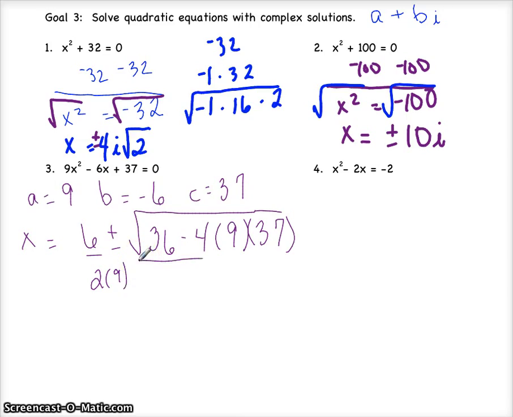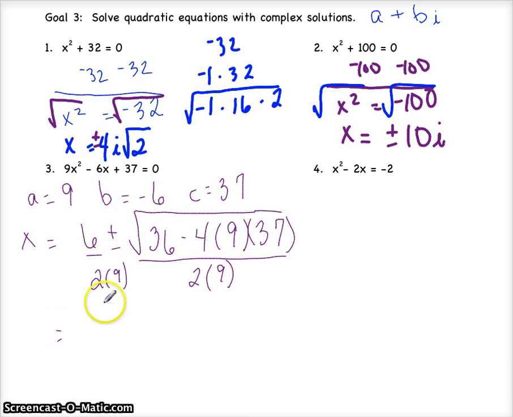And notice I'm splitting this into two fractions. I believe somebody in your class taught me to do that. This helps us keep from butchering later on. So let's double check. Opposite of b plus or minus the square root of b squared minus 4 times a times c all over 2a, and both terms are being divided by 2a.